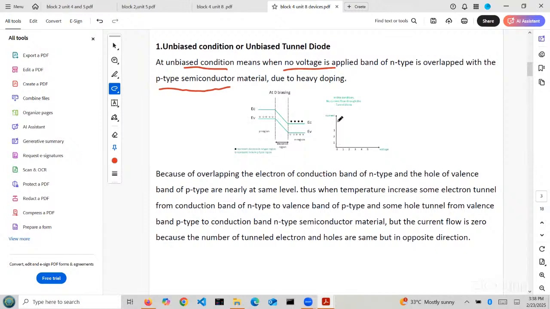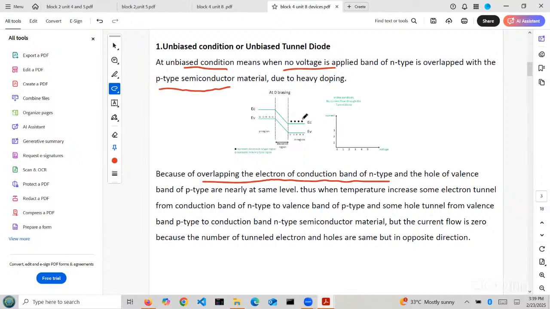In this you have the second figure, the graphical figure. In the graphical figure, no current is flowing because both are very near. Easily can jump from P to N, N to P. No current is flowing. See the second one. Here what is written? Because of overlapping of the electrons of conduction band of n-type to the hole side.